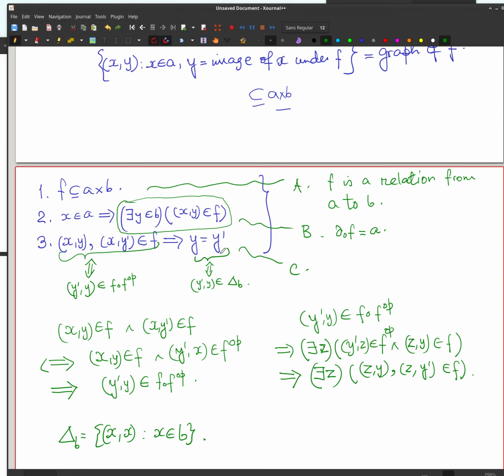So this is exactly saying (y', y) is in delta of B if and only if y is equal to y'. So this is therefore equivalent to saying F composed F op is a subset of delta. So a relation from A to B is a function if its domain is A, and F composed F op is a subset of the diagonal.